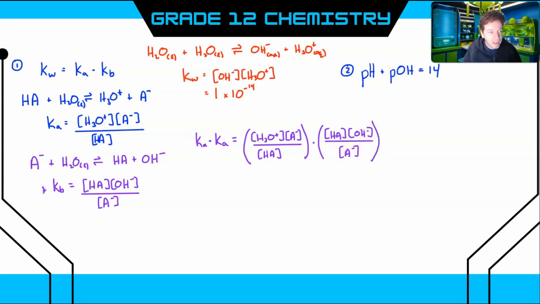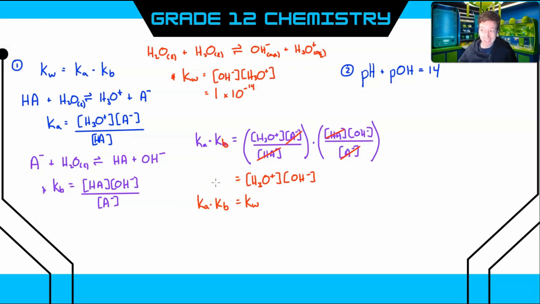So now look at what we have. A few things are going to cancel out here. First, our conjugate base is going to cancel, and our acid is going to cancel. And look what we're left with. We just have hydronium concentration times hydroxide concentration, and that is our Kw. So there is the first equation and where it comes from.